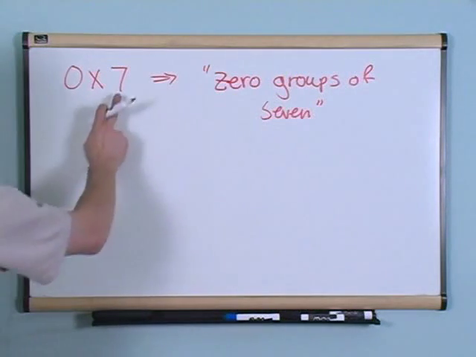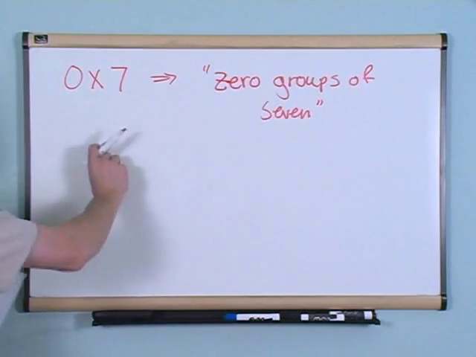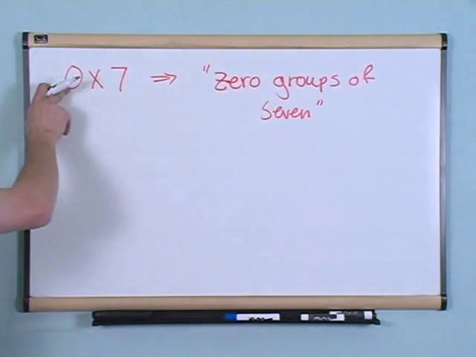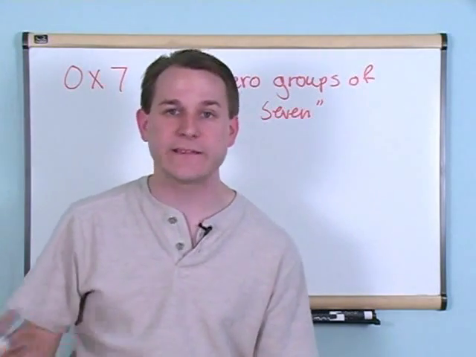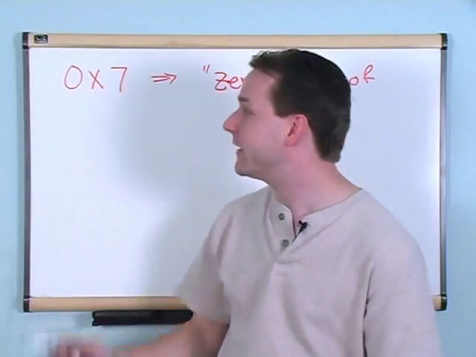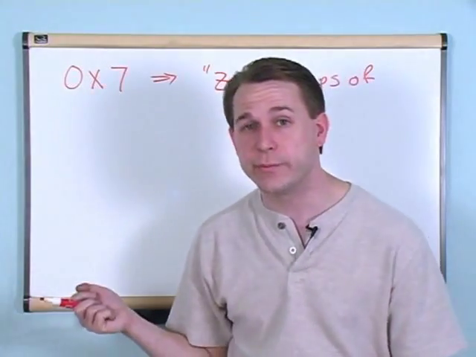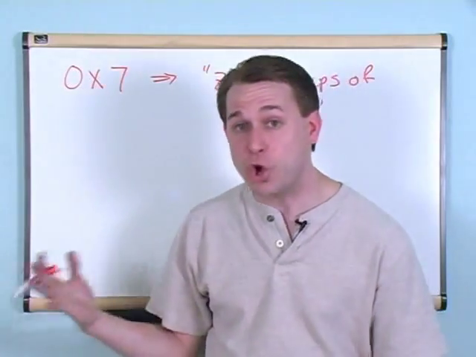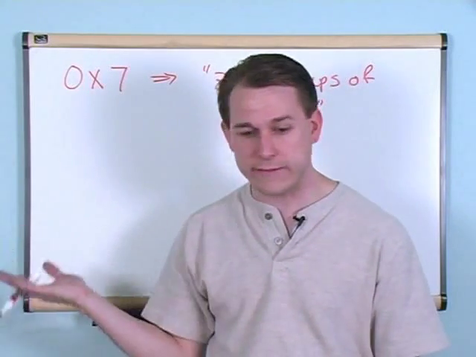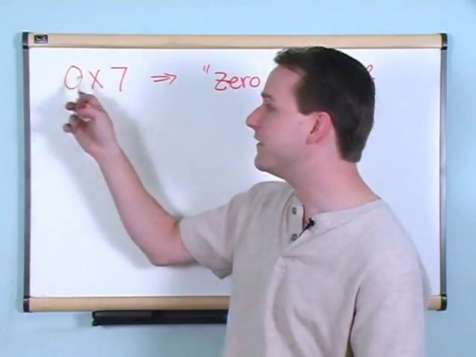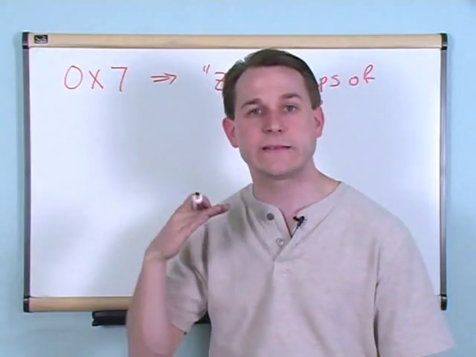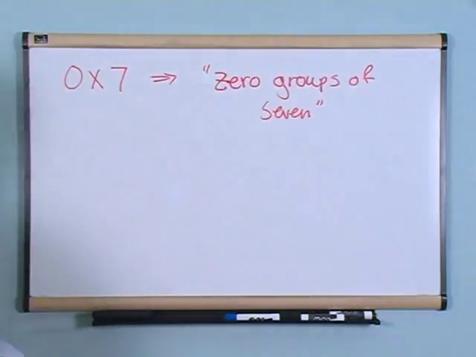What I'm saying is, in each group, I have 7 things, okay? But I'm multiplying by 0, so that means I don't have any groups, okay? Anything times 0 is 0, because I have 7 things in a group. But this is telling me I have no groups, none, zilcho, nothing in front of me, okay? So anything times 0 is 0, because this 0 cuts it down. Anything times 0 is 0, okay?